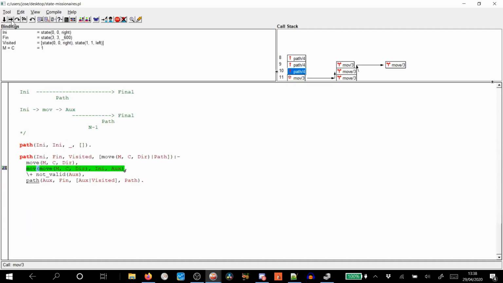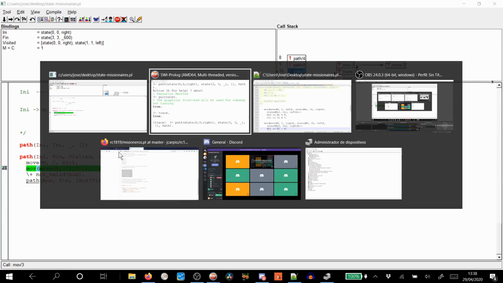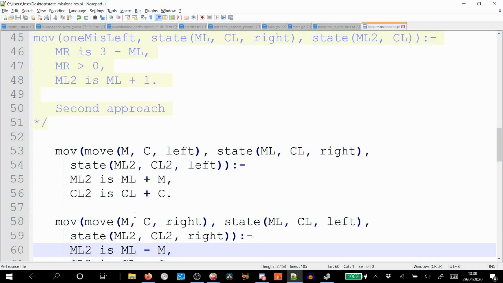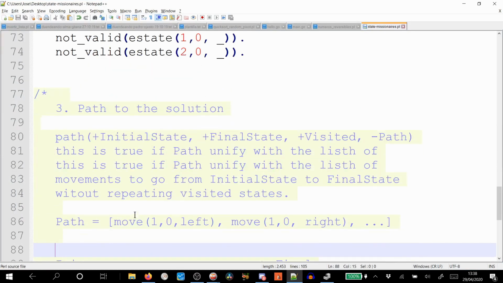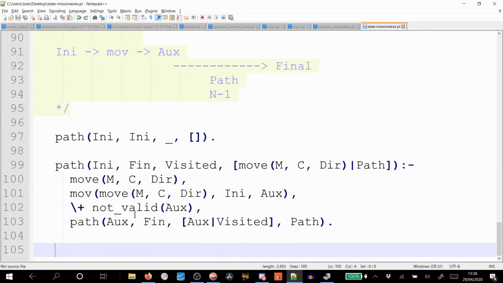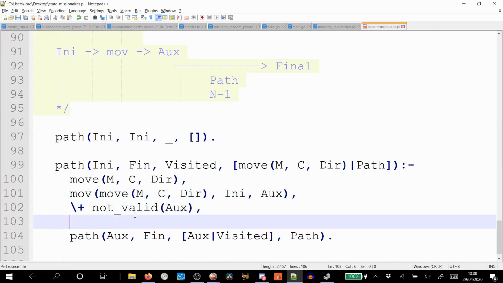But now the problem is the visited states. We have these two states, 0, 0 and 1, 1. So what happened now? Ah, I forgot here to write not visited. Sorry. The new state has to be valid and not visited.